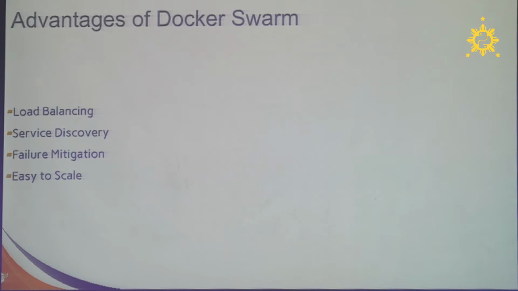It's just as easy as that to discover the service to be load balanced or the proxy. And failure mitigation, if a server node goes down, there will be another one to catch it. And easy to scale. You can see that I just did the Docker service scale command, and with that, it's already scaled. So yeah, I think this is all my topic.